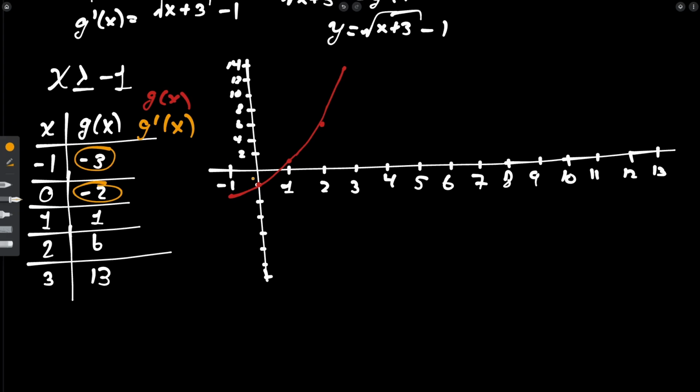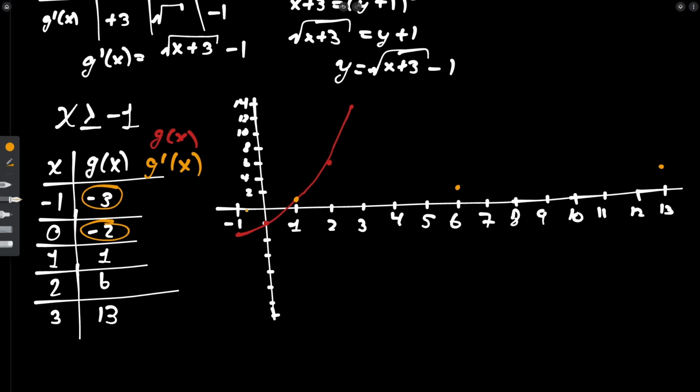Our first value is 1, comma 1, which is there. Then we have 6, comma 2. That's around there. And then we have 13, comma 3.